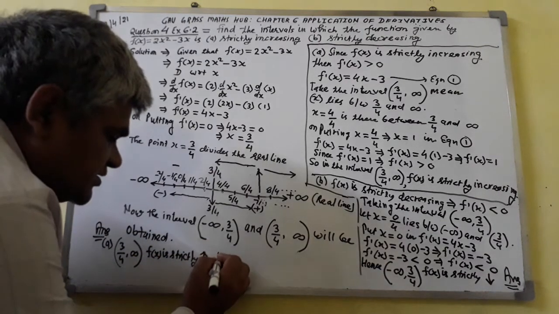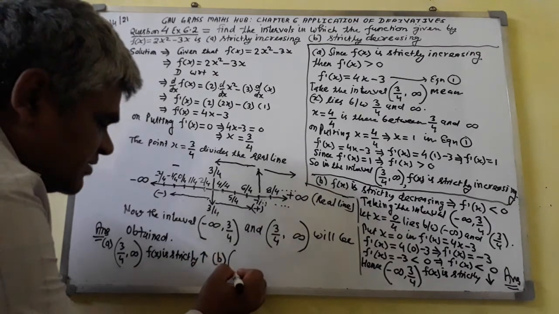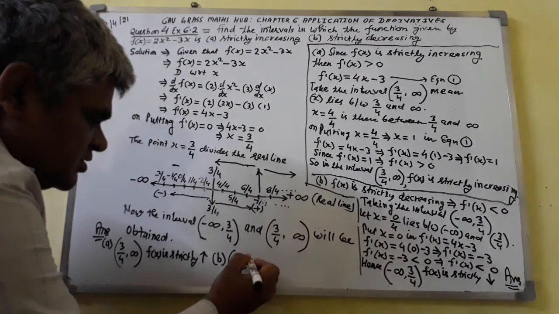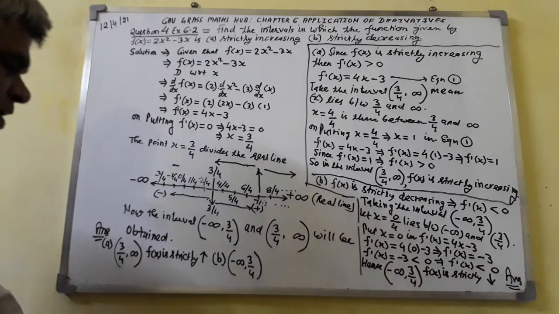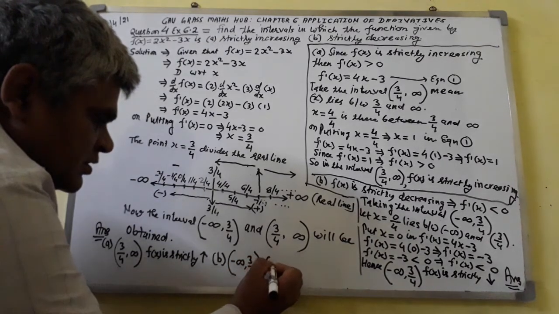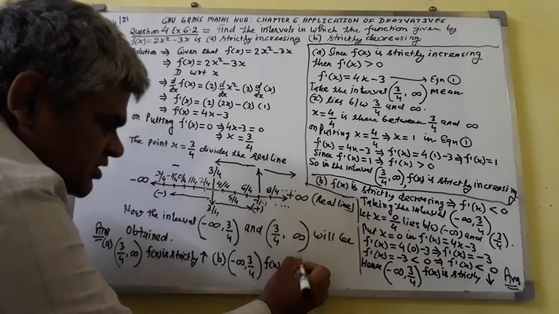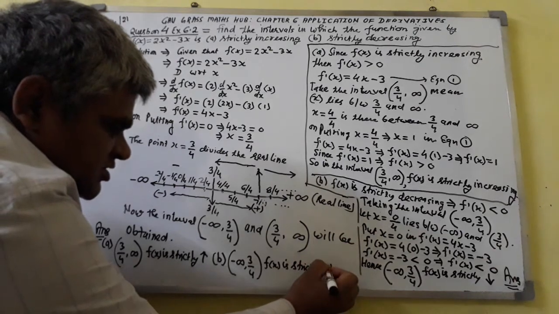B, I shall write open interval minus infinity, 3/4 open interval, f of x is strictly decreasing.